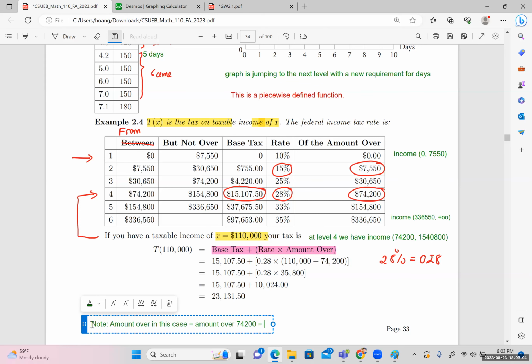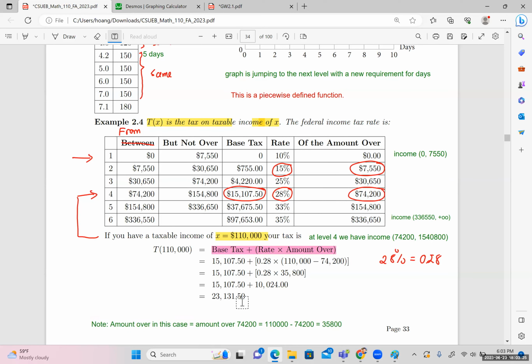I am earning 110,000, so I must subtract 74,200 to get the amount over that, and that will be 35,800.